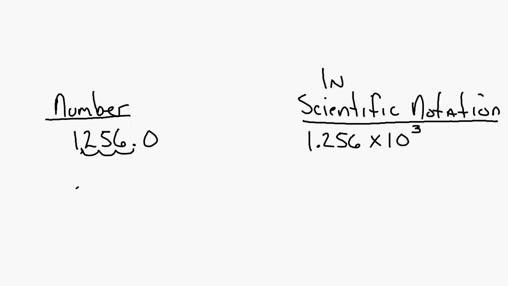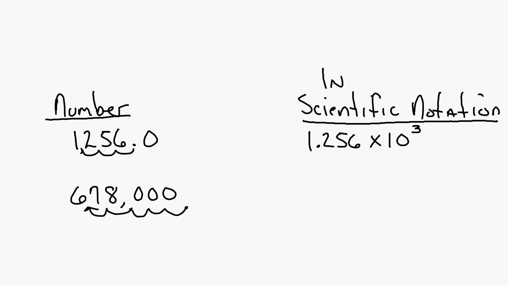If you get the number 678,000 and you've got to write it in scientific notation, the decimal place right now is at the end. In this case, the decimal has to be moved 1, 2, 3, 4, 5 places.